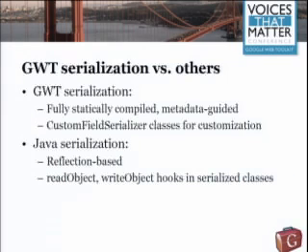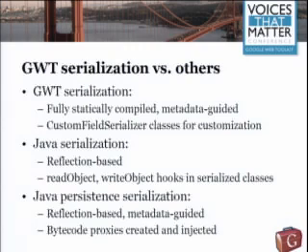So you actually modify your own classes to affect the serialization behavior. And Java persistent serialization, if you think of Hibernate or other kinds of object relational tools, EJB3 persistence, those are also serializers, and they also work by reflection and by metadata, and they also create bytecode proxy objects and inject them into your object graph, which is not something that either of the other kinds of things do. It's just sort of to put GWT in context of other approaches.